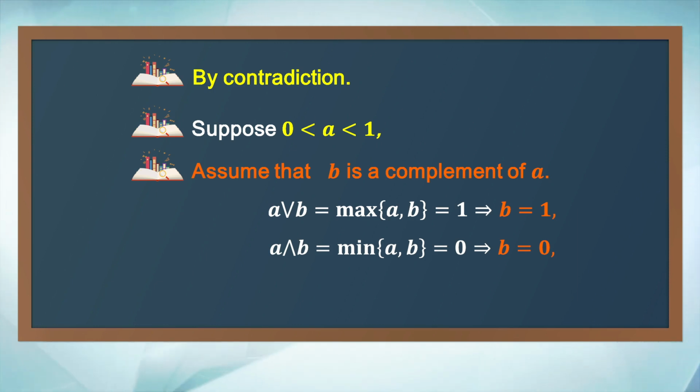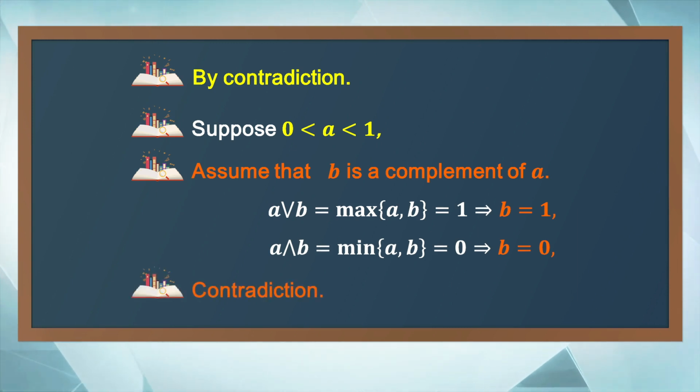Because a is less than 1, and the maximum of a and b is 1, b equals 1. Because 0 is less than a, and the minimum of a and b is 0, b equals 0. Contradiction. There exists no complement for each real number a in the open interval from 0 to 1 in this lattice.